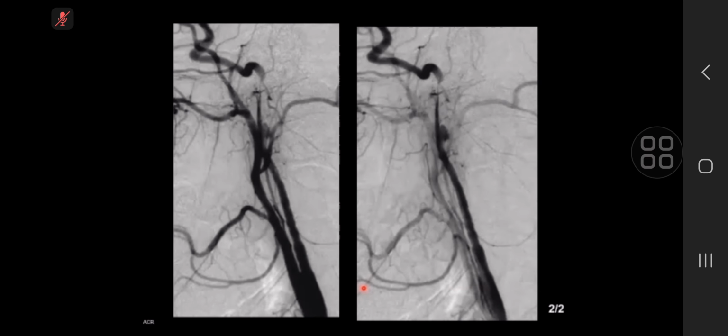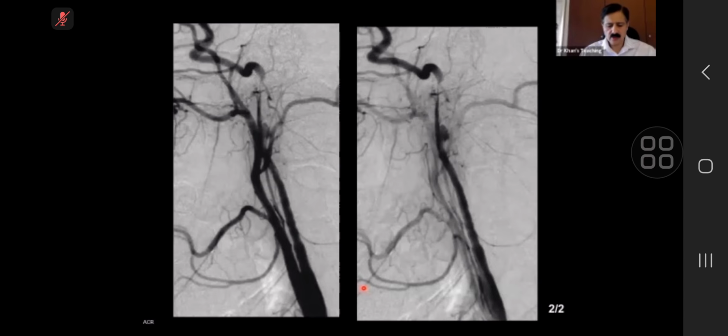So it's a frontal and lateral projection of selected DSA, which demonstrates a filling defect in the left. Just trying to localize the artery. So it's common, then internal carotid, and then it goes.